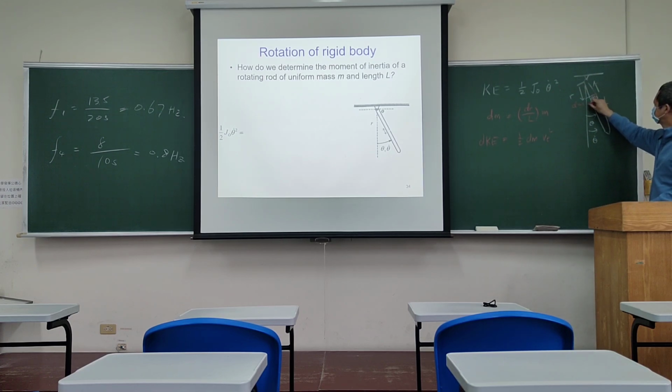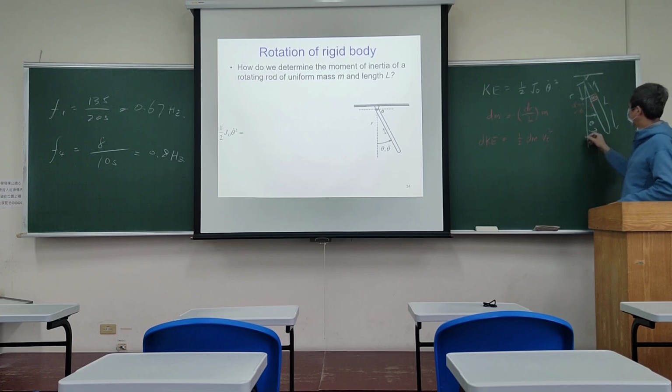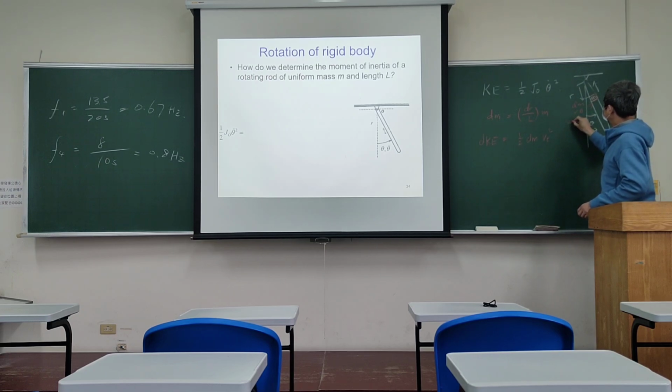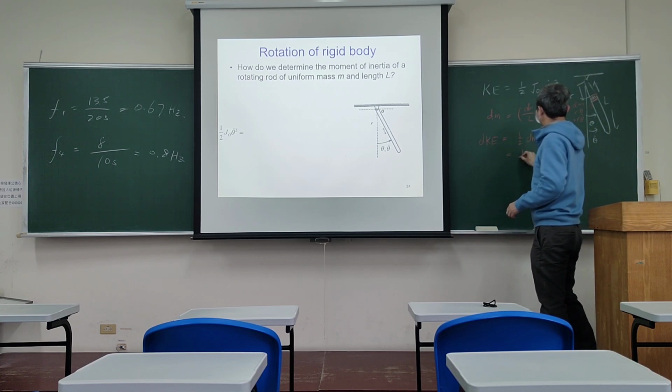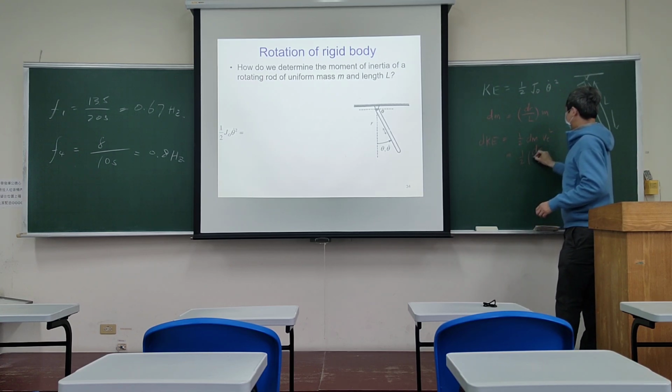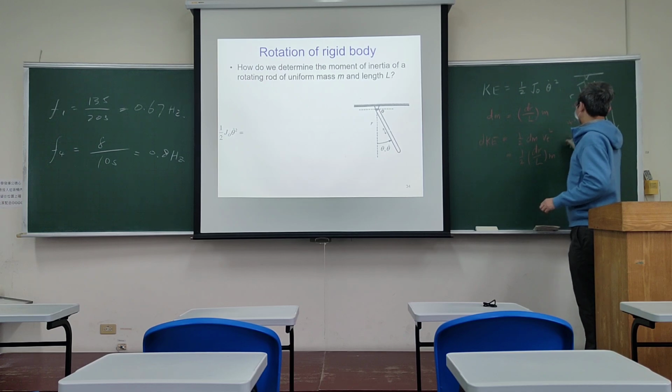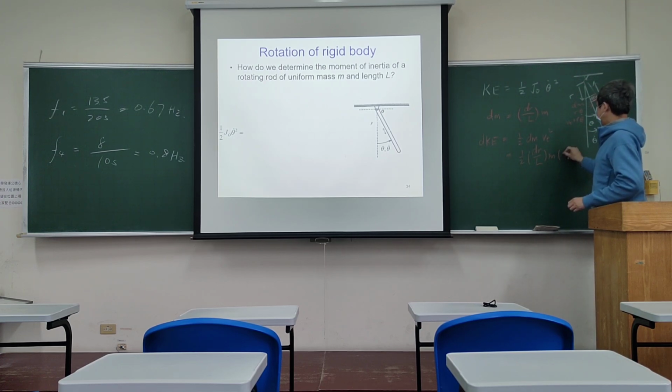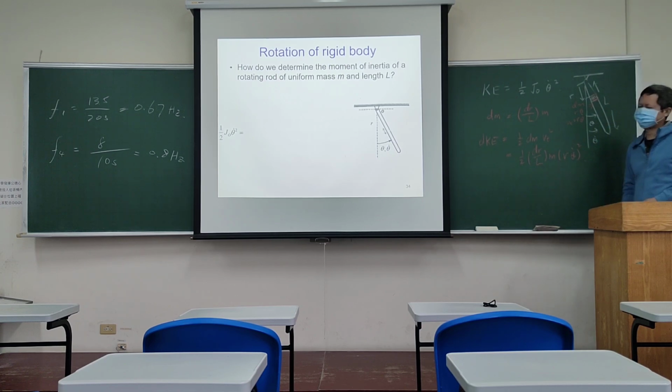So what is the tangential speed? If this is the radius passing through angle theta, then the arc length will be r theta, and the tangential speed is then r theta dot. So you can write half times dr over L times m, times r theta dot, and then square.